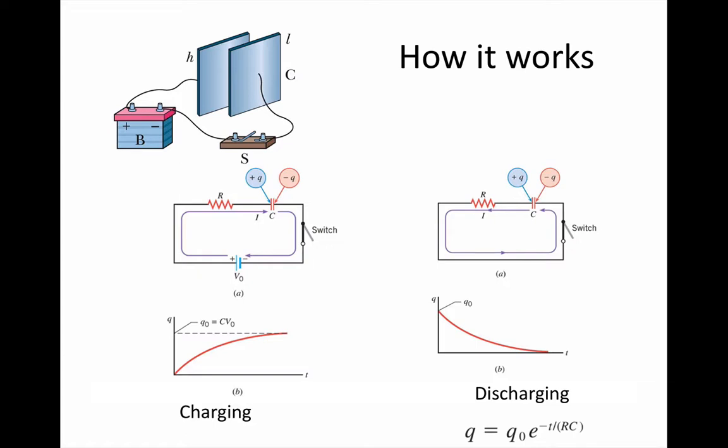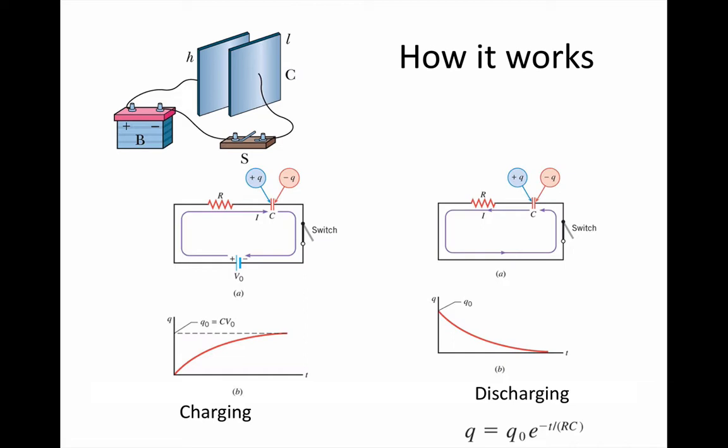So when the supply voltage is turned on, charge builds up on the capacitor until the voltage across the capacitor equals the voltage from the supply. This happens in a very short time. Then it can't charge any further, so the charge on the capacitor reaches a final value, and after that it stays constant. This is what you see in the graph at the bottom left.